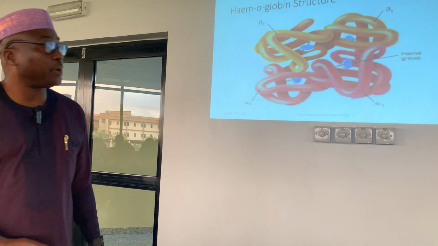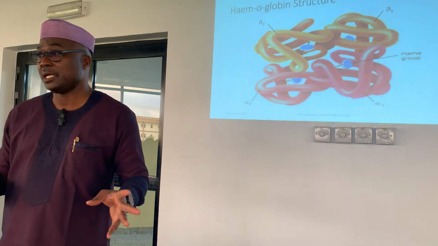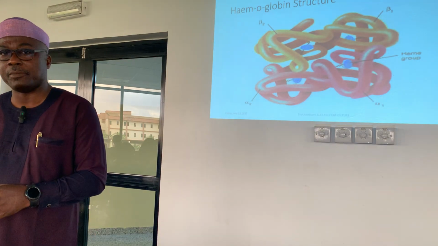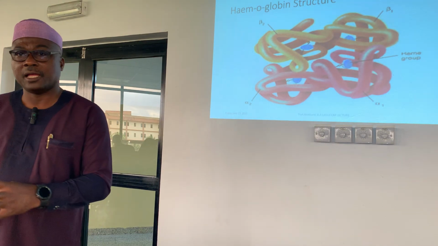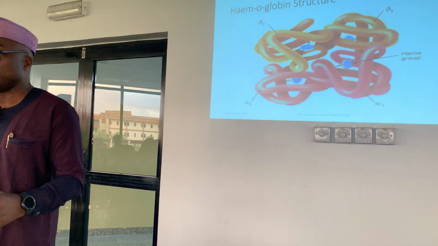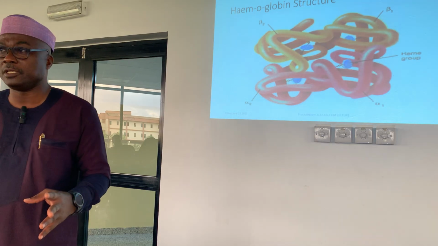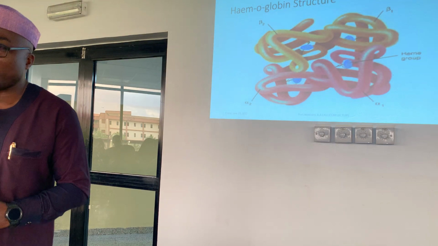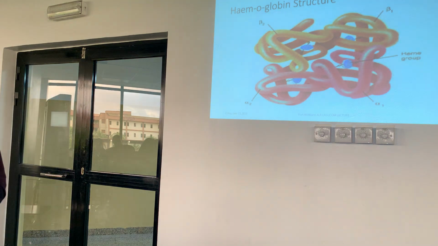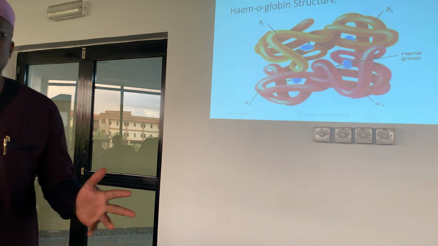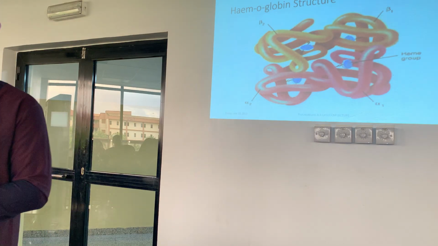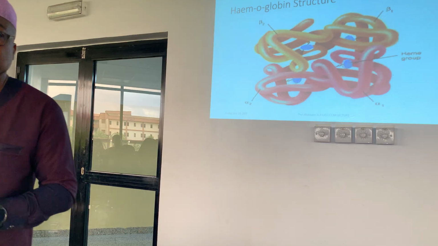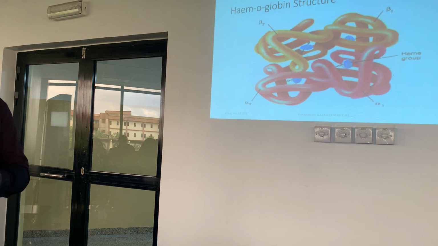So the polypeptides are labeled as alpha, beta, delta, gamma, zeta, epsilon, theta. I hope you still remember all the Greek names. So for adult hemoglobin, if you are not thalassemic, you should have a normal quantity of amino acids in your alpha and beta chains.